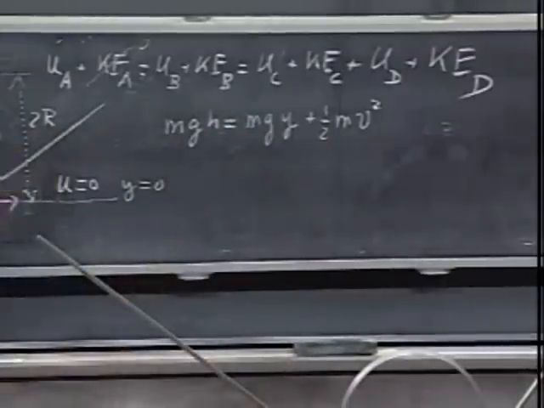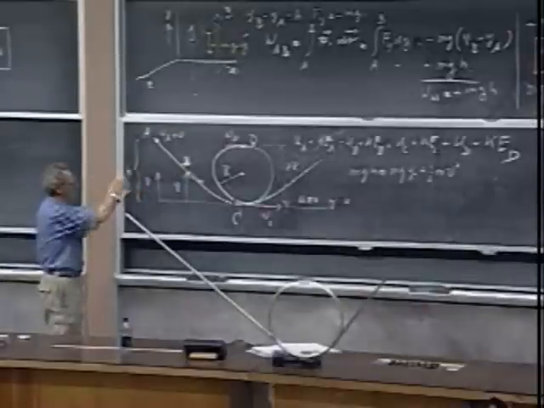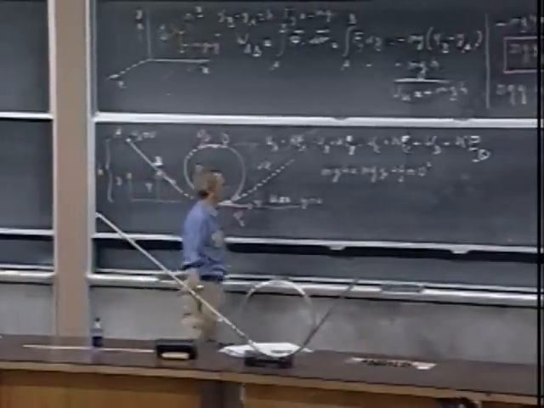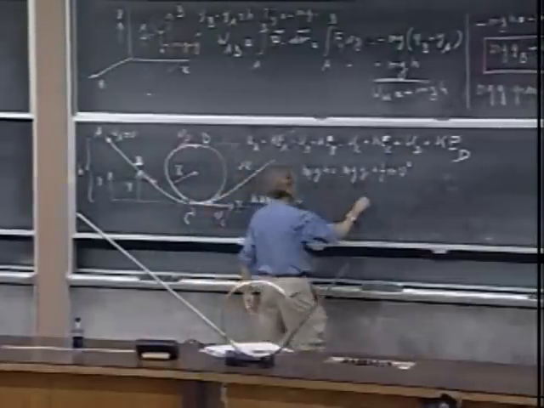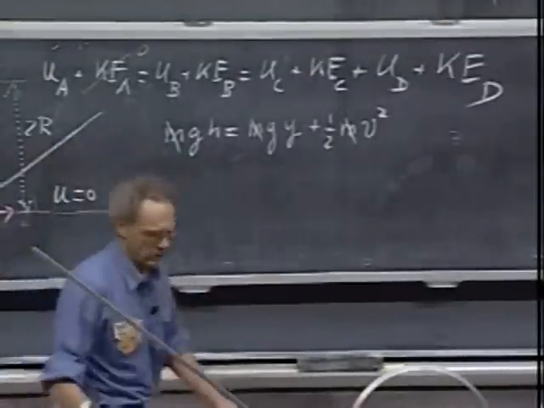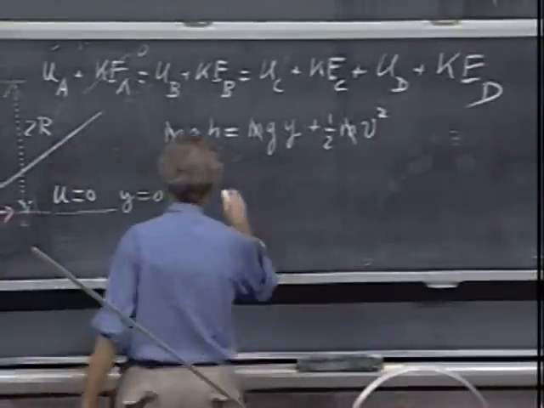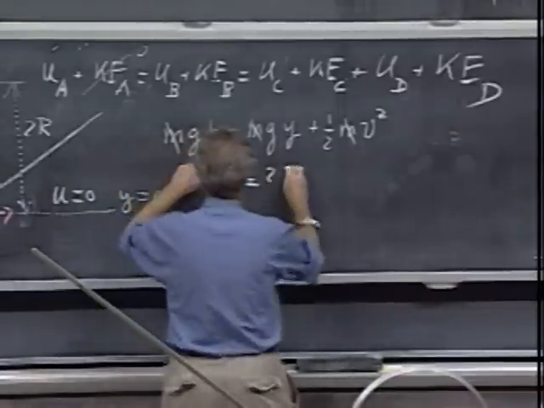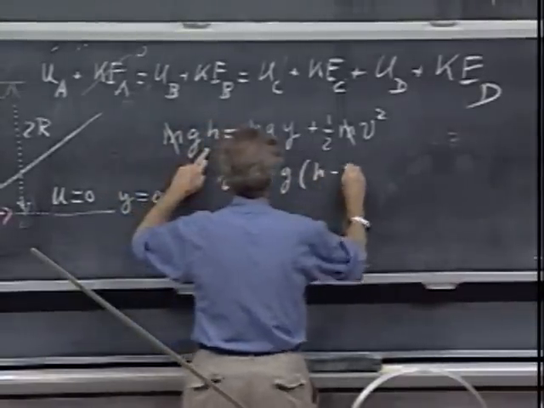What you see there should hold for every point that I have here: for A, for B, for C, for D, for any point. I lose my m. And so you find here, let me summarize it, that v squared equals 2g times (h minus y).